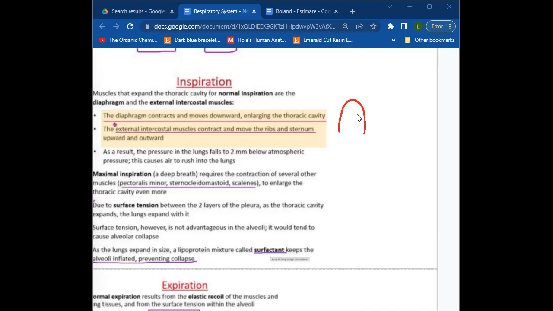And then remember, right up against the diaphragm is the parietal pleura, and it's stuck to the diaphragm because of serous fluid. And then stuck to the parietal pleura is the visceral pleura, and it's stuck to the parietal pleura because of the serous fluid as well.